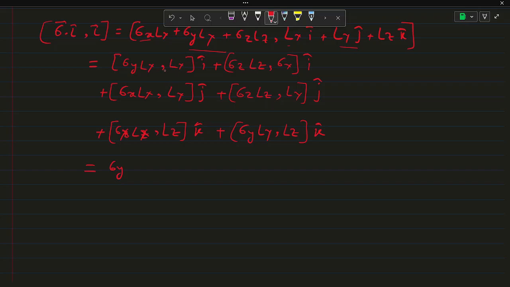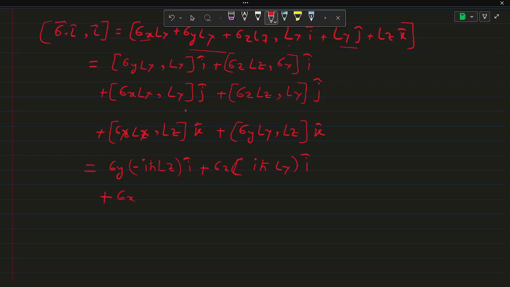The commutation of Ly Lx will give minus i h cut Lz i cap, plus second part sigma z, again taking outside, Lz Lx will give i h cut Ly i cap, plus sigma x Lx.